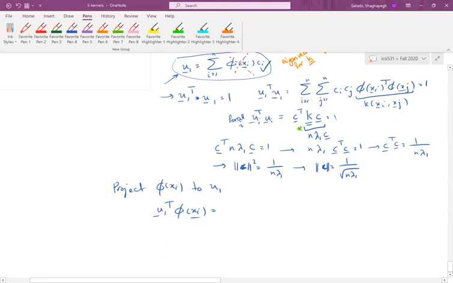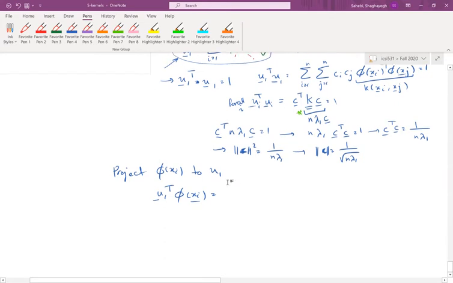So basically, let's call it j because we don't want to mix it up with phi of xi: sigma j equals 1 to n, phi of xj cj, multiplied by phi of xi, right? Which is equal to sigma j equals 1 to n, cj phi of xj transpose phi of xi.